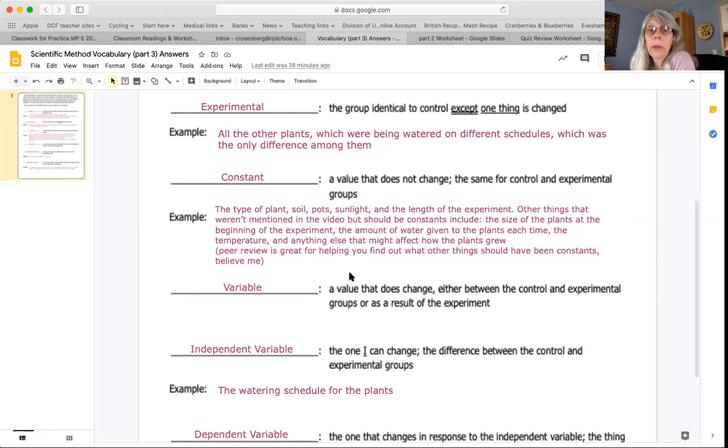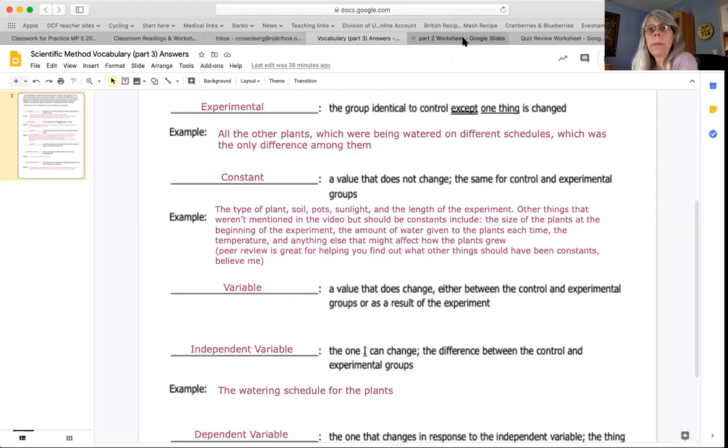Peer review is really great for helping you find out where you made a mistake. Trust me, I used to work as a research scientist, and I think peer reviewers have a lot of fun with that. Of course, it's also fun when you're doing it to somebody else. So that works out. Okay, so constants, independent variable, dependent variable.